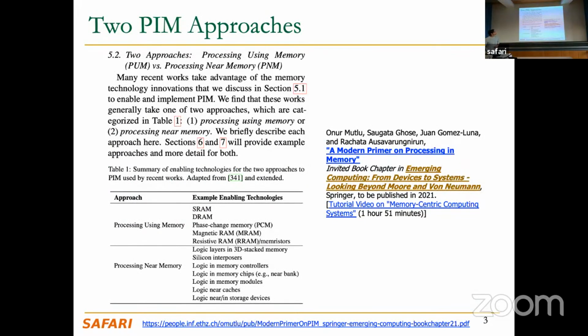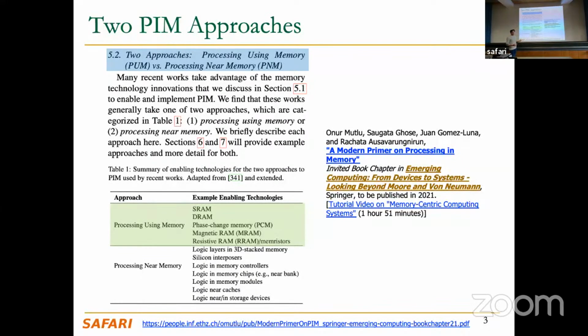Remember the two approaches. We have already seen this slide in the previous lecture. We talked about two approaches to processing in memory. The first one is processing using memory. The second one is processing near memory. Yesterday, we focused mostly on processing using memory with DRAM, but we also mentioned that it's possible to do processing using memory with other memory technologies as well, such as SRAM or non-volatile memories.